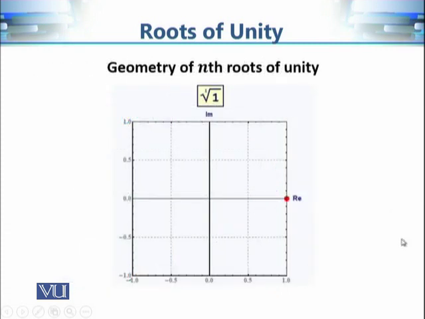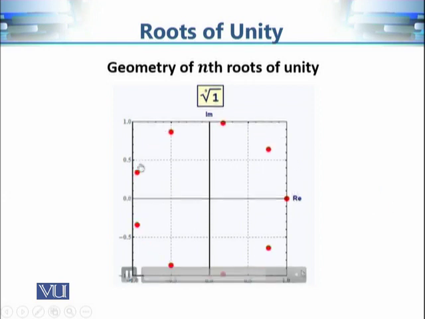Now let's discuss in general the geometry of these nth roots of unity. So when n is equal to 1, we get 1 root, and when n is equal to 2, we get 2 roots. They are at the opposite ends of this line segment. When n is equal to 3, we get 3 roots, which are the vertices of a regular triangle. And when n is equal to 4, they are vertices of a square, and of course they lie on a unit circle.